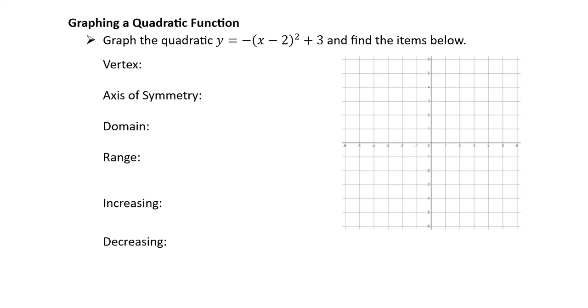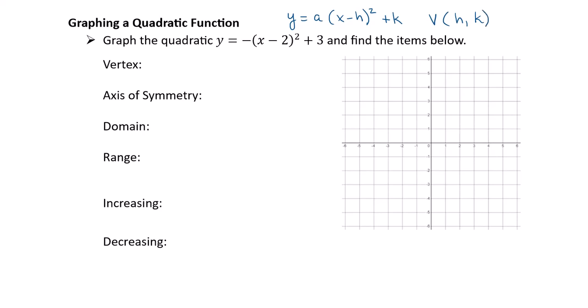Now, graphing a quadratic function. Let's look at graphing the quadratic y equals negative of x minus 2 quantity squared plus 3 and find the items below. Now this equation is in vertex form. Remember, that's y equals a times x minus h quantity squared plus k, and the vertex is given by h, k.